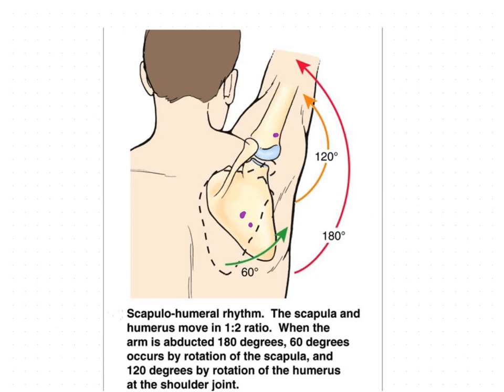So, what are the three purposes of the scapulohumeral rhythm? It helps in increasing the distribution of the motion between the two joints, permitting a large range of motion with less compromise of stability. That is the first one.